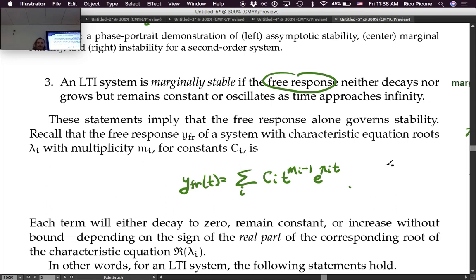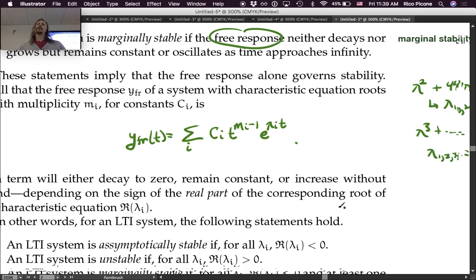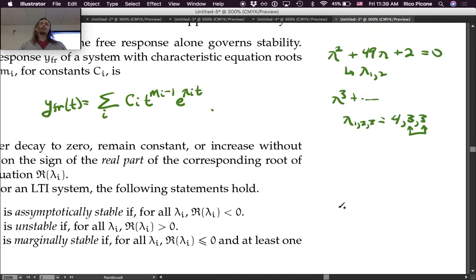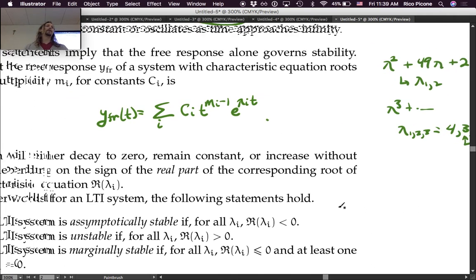Okay? So each term will either decay to 0, remain constant, or increase without bound, depending on the sign of the real part of the corresponding root of the characteristic equation. So the real part of lambda i. So what did that mouthful mean?